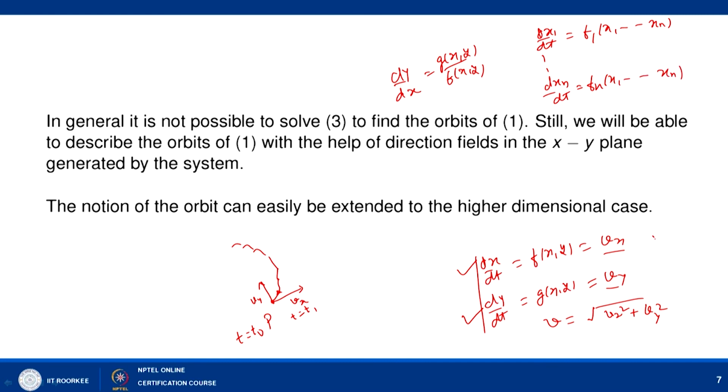Then, as we have pointed out here, we also have velocity components v1 to vn, and the total velocity is given as the square root of v1 squared plus up to vn squared, and at each point you can find the velocity and the direction using this. So, just generalizing this concept, we can have the notion of orbit in higher dimensions also.